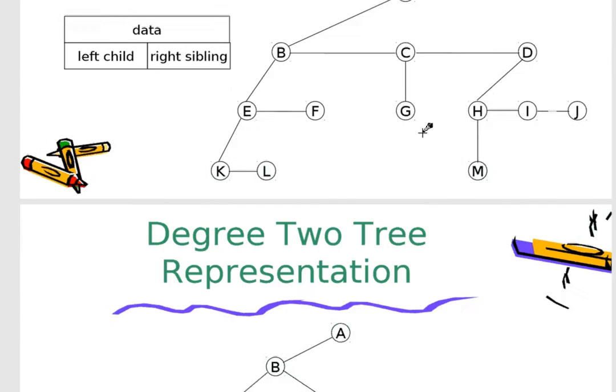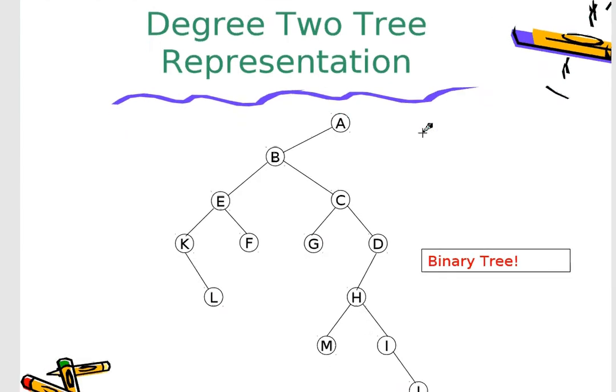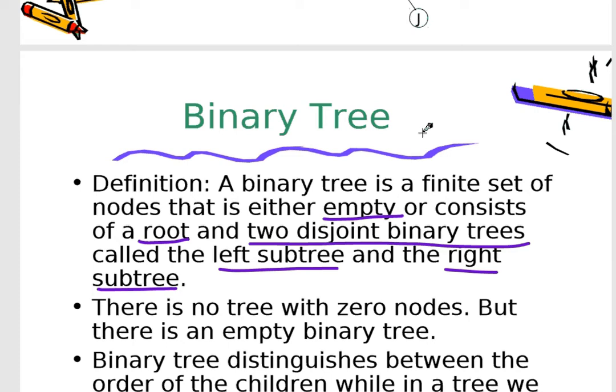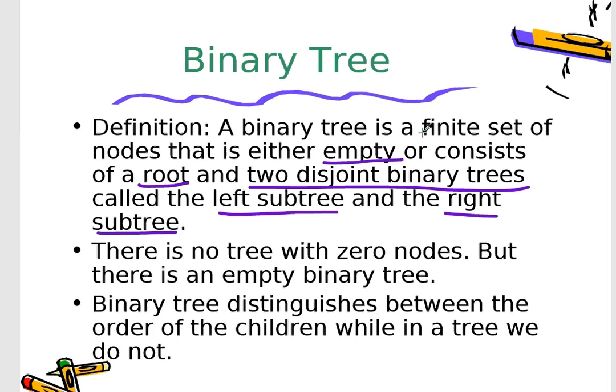Now next we will move on to a tree with a degree 2 or maximum degree 2, that we are calling as a binary tree. So a binary tree is a finite set of nodes that is either empty or consists of a root and has two disjoint binary trees called left subtree and right subtree.